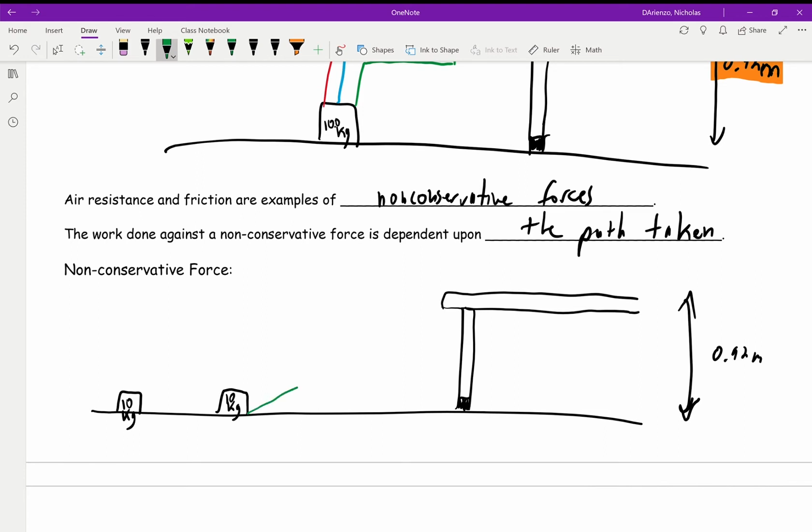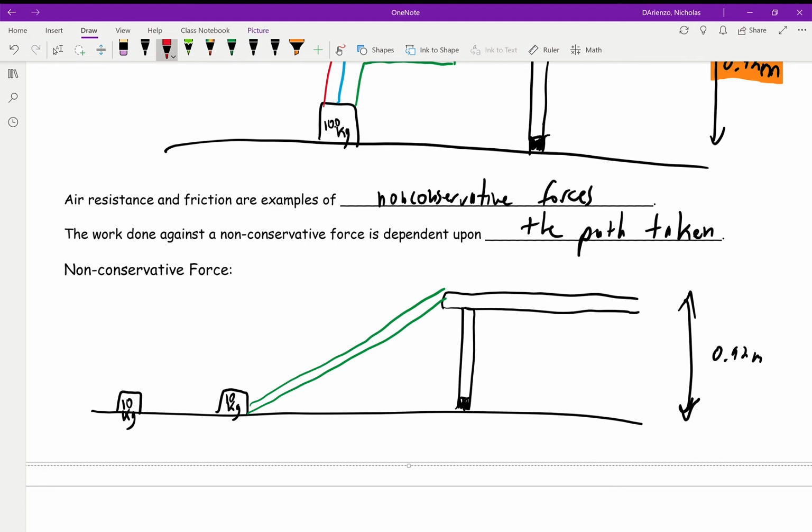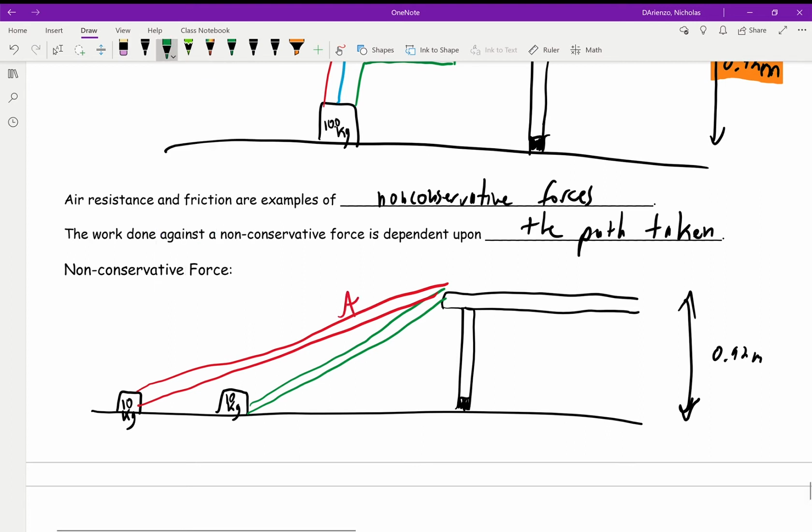We're going to move one up to the table here, and we're going to move the other up to the table there. And that should work. It's not the best drawing I've done, but we'll call this A, and then we'll call this B.